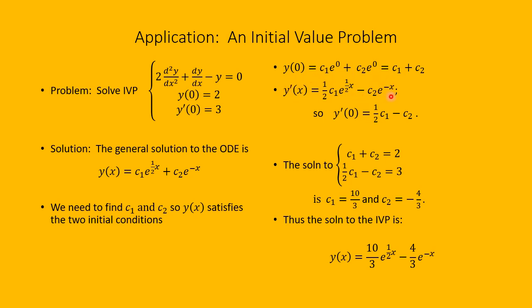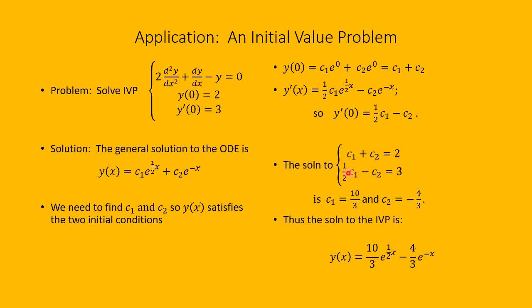Now if we plug in 0 for the x in this, we get y prime of 0 is 1 half c1 e to the 0 minus c2 e to the 0, and that just turns out to be 1 half c1 minus c2. So this first initial condition tells us that this stuff has to be 2. This second initial condition tells us that this stuff has to equal 3.